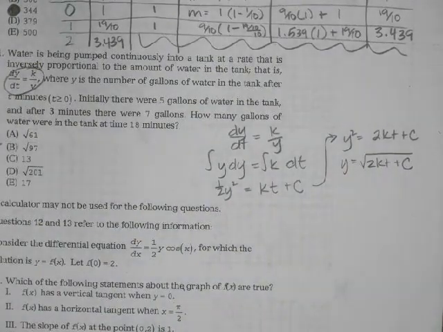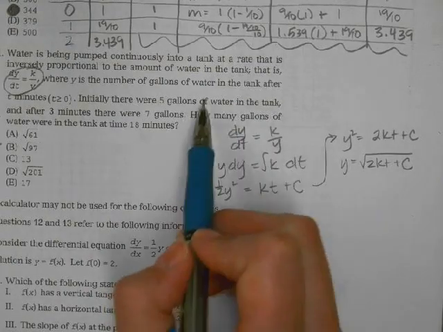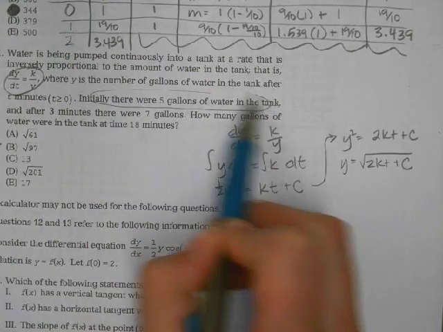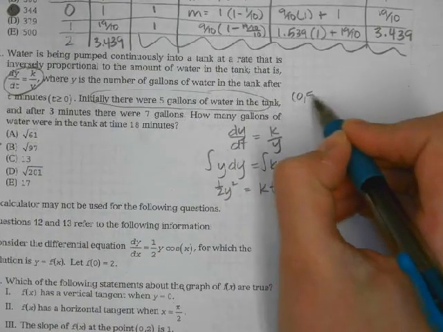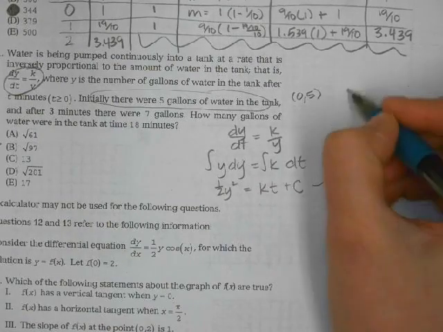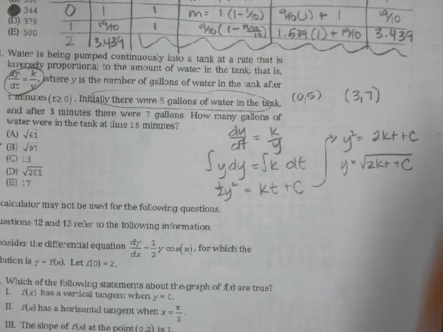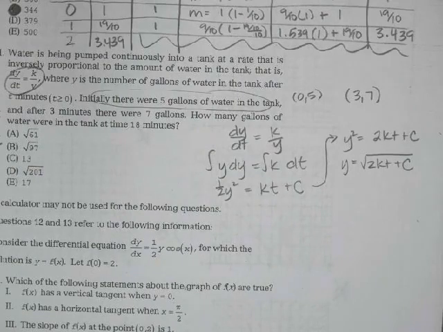So there's my equation that I'm using, and then I need to use my initial condition. Initially there were 5 gallons of water in the tank. And then after 3 minutes there were 7 gallons. So if you guys remember in problems like this, it was pretty common for us to have an initial value that helped you figure out what your k value was, and then after that you could actually solve the problem.